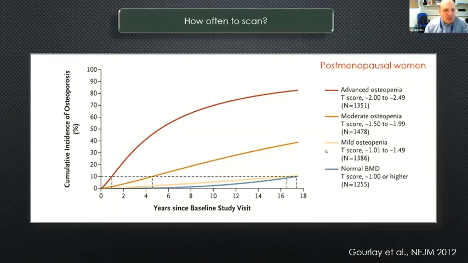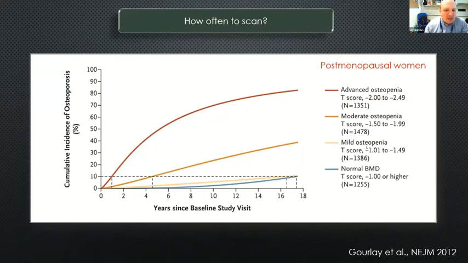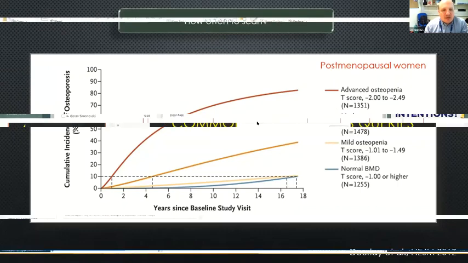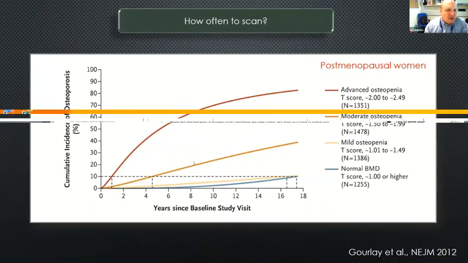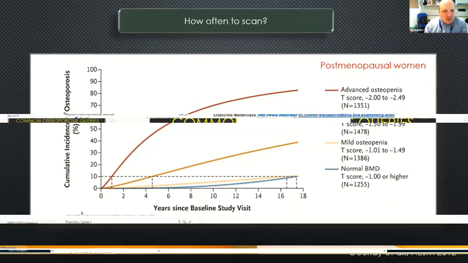However, if you look at someone with mild osteopenia, so they may be worried their bones have low bone mineral density, and they're worried they're going to go into osteoporosis. They've got a T-score of -1 to -1.5, and this is the light yellow line. Here it takes them over 16 years to develop osteoporosis. So at the two ends of the spectrum of osteopenia, there's quite a big difference in their rapidity of onset of osteoporosis.